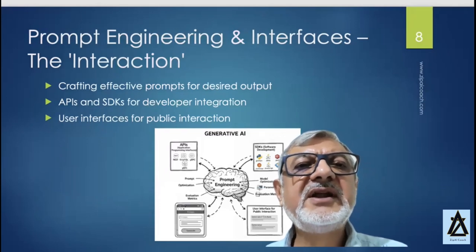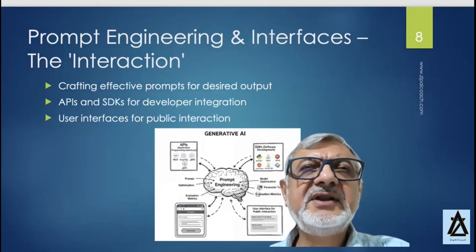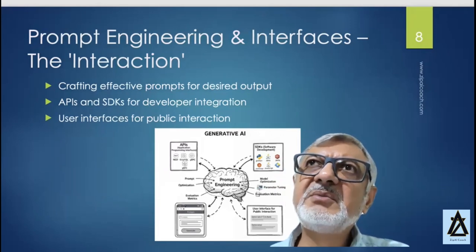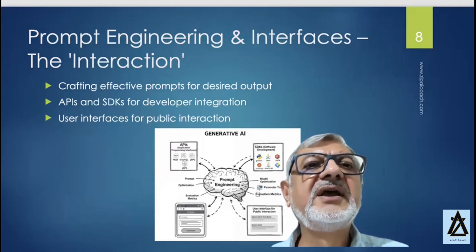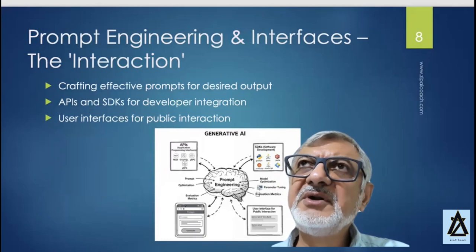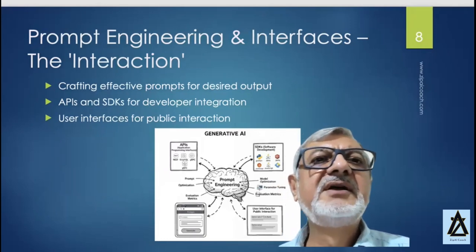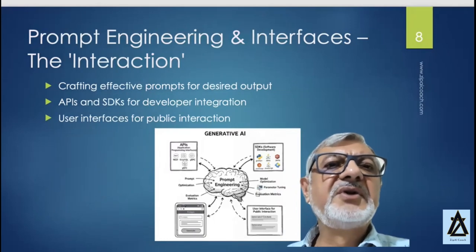So prompt engineering and interfaces can be manual prompt engineering, where the user can type in the prompt, or through audio the user can ask a question to the AI model. Or the user can use an app, and through that app the user gives the requirement to the application and the application gets the answer from the generative AI model.